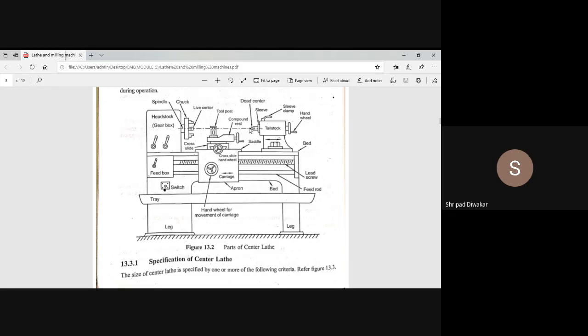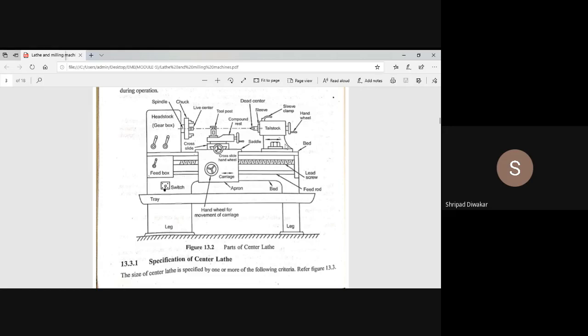That's why it is called a dead center. In the front of the headstock, we have a part called the chuck, which is mainly used to hold the job, that is the given workpiece. This is the one part, the headstock.